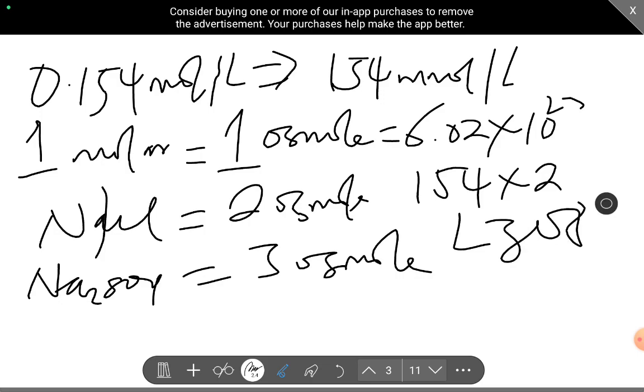This is already in millimole, so it will be 308 milliosmole per liter, while the molarity is about 154 millimole per liter. Osmole is the number of osmotically active solutes in that substance, and here there are 2. Hence, that's the reason we are getting 308 milliosmole per liter.